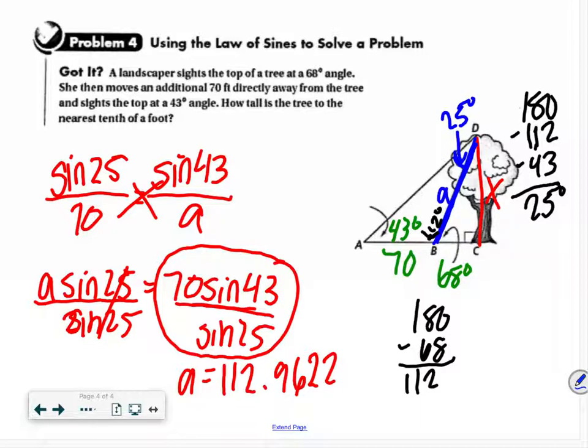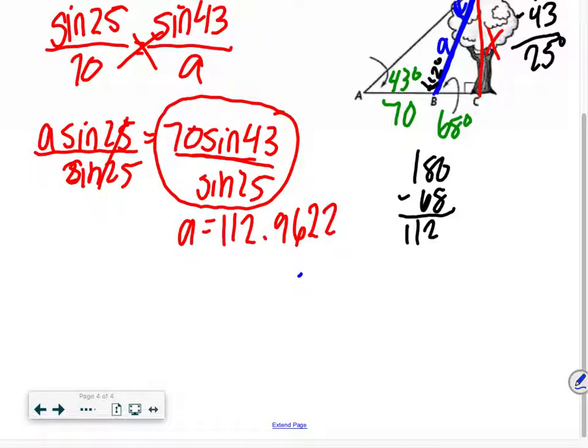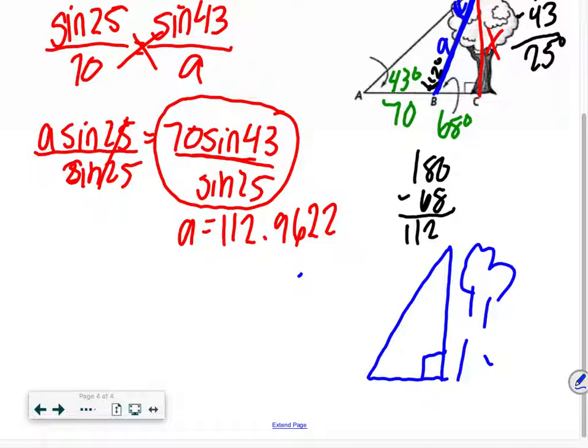Okay, I'm going to redraw that triangle, my small one. So there's my right angle, here's my tree. And I know this angle is 68, and I know this side is 112.9622.